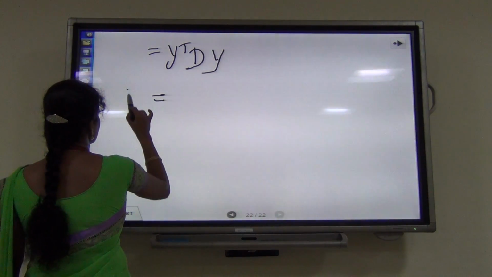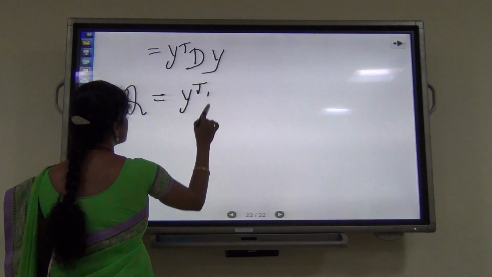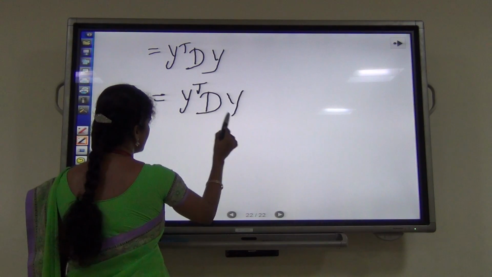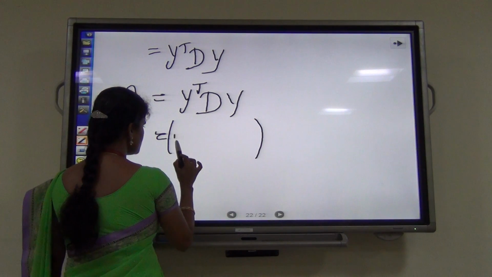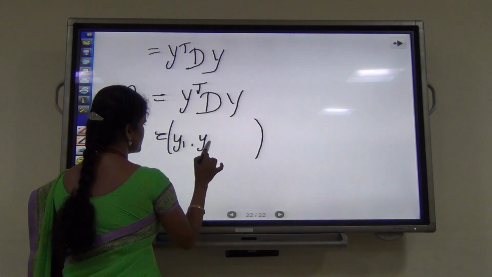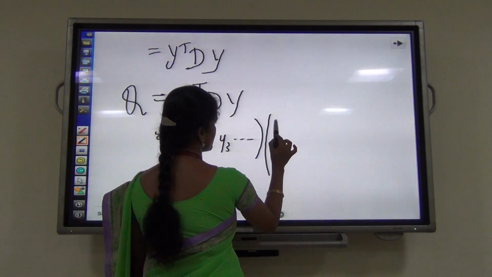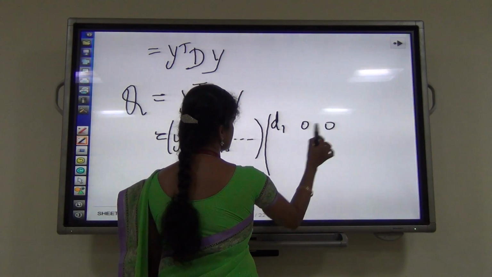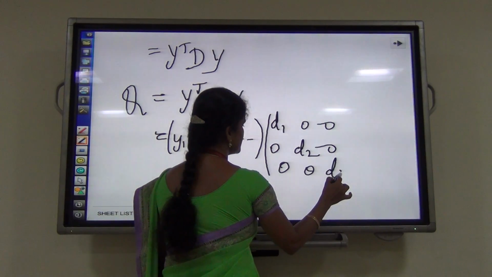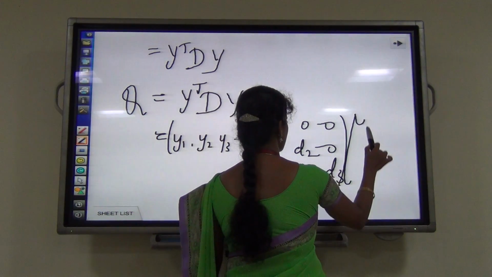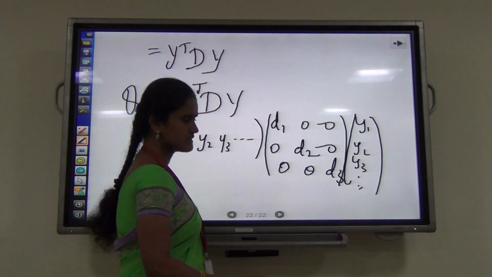Therefore your quadratic form Q is reduced to y transpose Dy. Y will be a column vector with entries y1, y2, y3, etc. And D will be a diagonal matrix with D1, 0, 0, 0, D2, 0, 0, 0, D3 into y1, y2, y3, etc. So as we multiply this, what do we get?